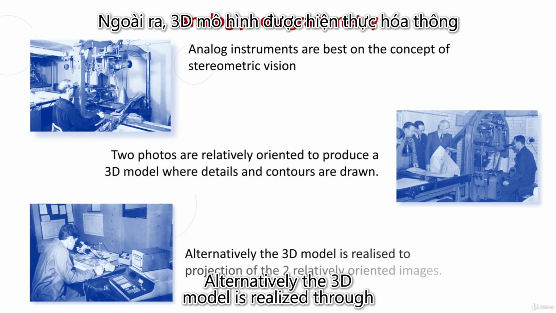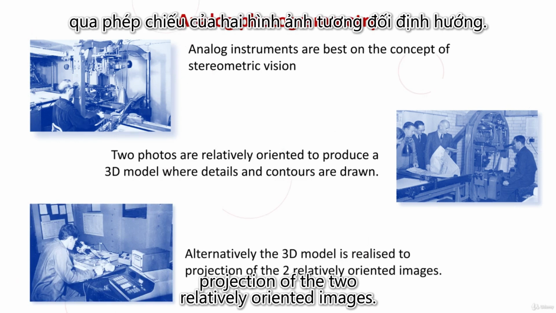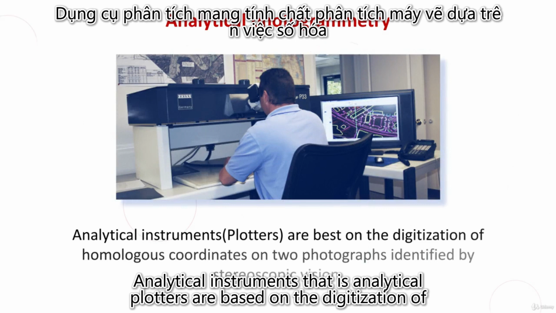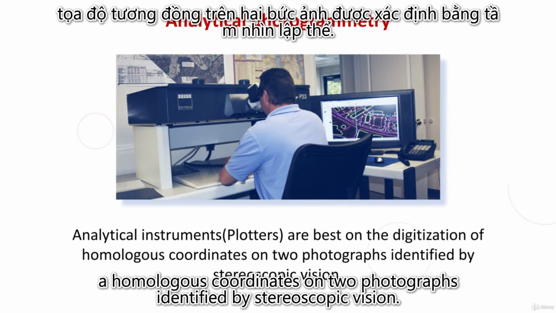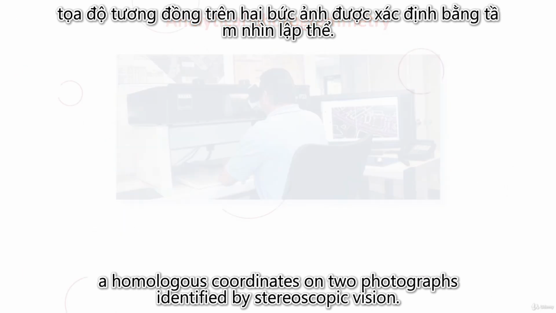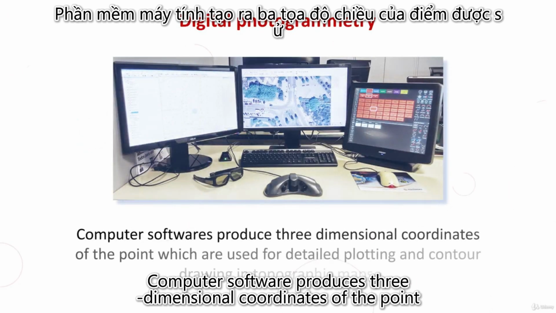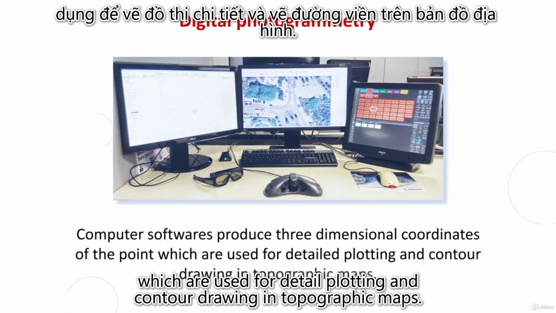Alternatively, the 3D model is realized through projection of the two relatively oriented images. Analytical instruments, that is, analytical plotters, are based on the digitization of homologous coordinates on two photographs identified by stereoscopic vision. Computer software produces three-dimensional coordinates of the point, which are used for detail plotting and contour drawing in topographic maps.